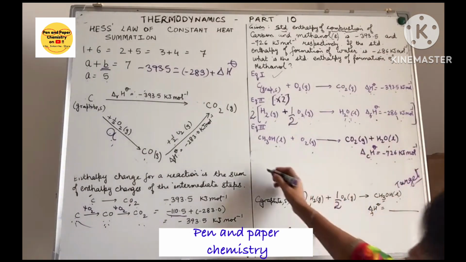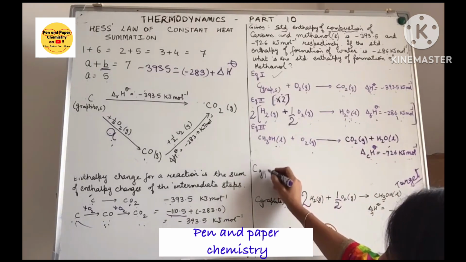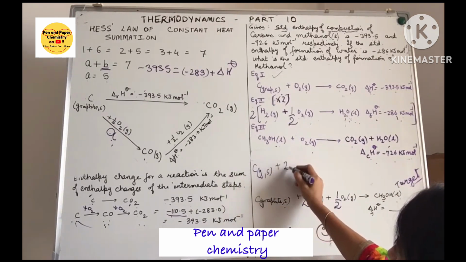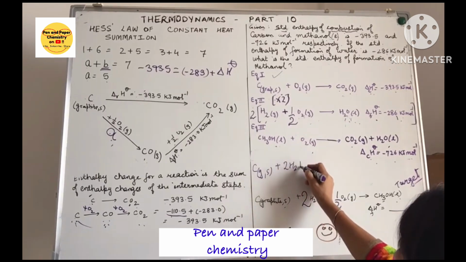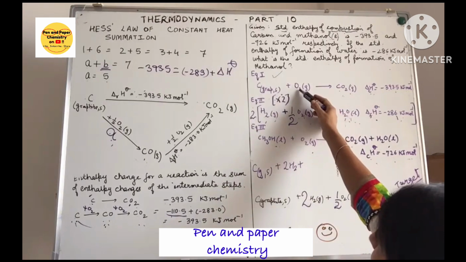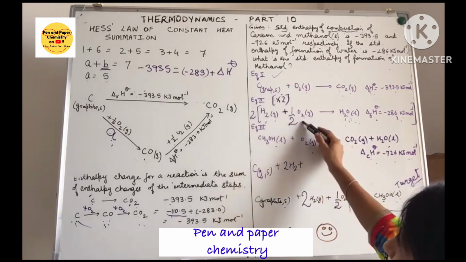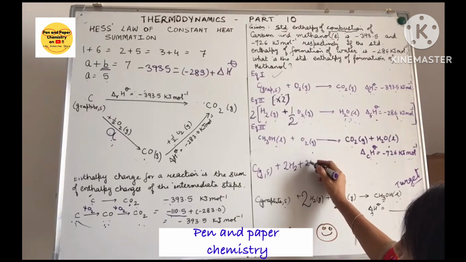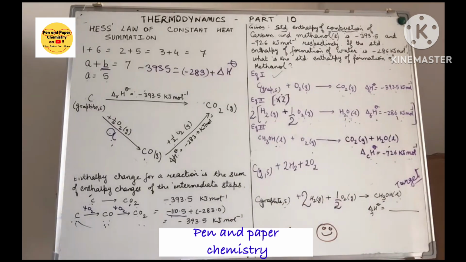So we have carbon in the form of graphite, a solid, plus 2 hydrogen, plus now oxygen here and an oxygen here. 2 into half gives me 1 oxygen, plus 1 oxygen gives me 2 oxygen here, right?